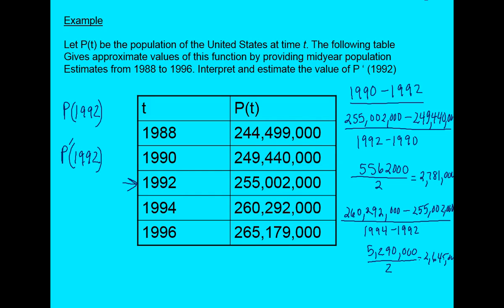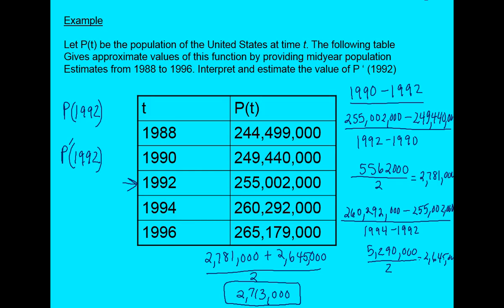So if we took 2,781,000 plus our 2,645,000 divided by 2, we would get 2,713,000, which represents our instantaneous rate of change for the year 1992.